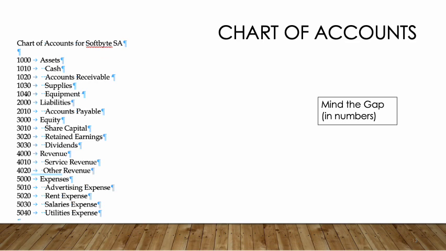So that's our chart of accounts. And so when we start analyzing transactions, all accounts that we use, whether we debit cash or credit revenue, all of those accounts must come from our chart of accounts.